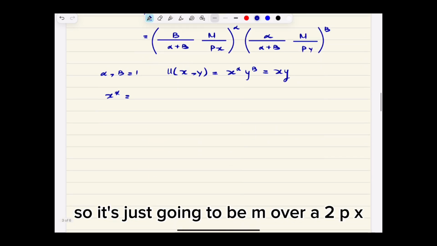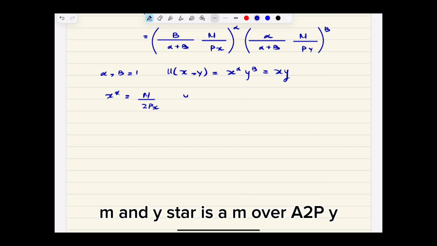So it's just going to be m over 2 px, and y star is m over 2 py.